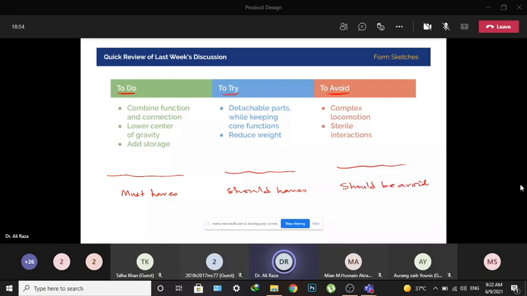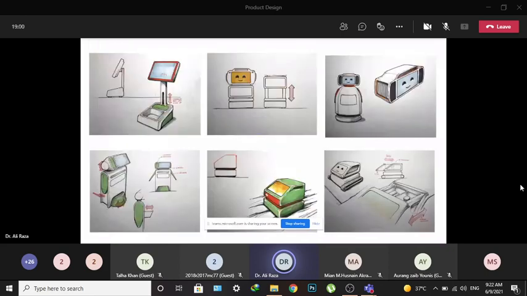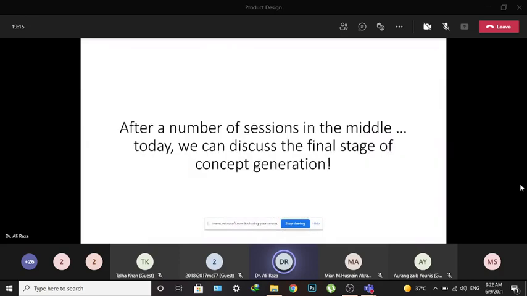We went through that, and quite a lot of different sketches were presented in front of you, different shapes, different sizes, and every sketch was trying to address the problem that was identified in the first iteration. Once you have gone through that activity a number of times, you gradually start improving the concepts.